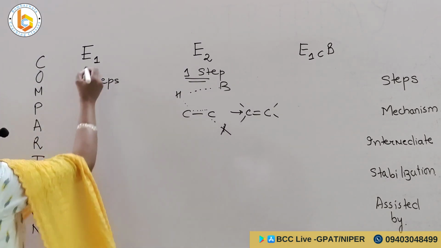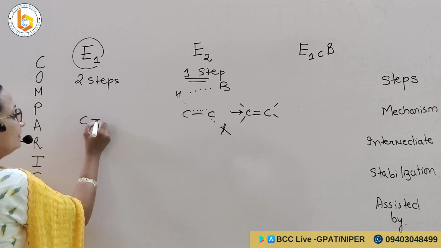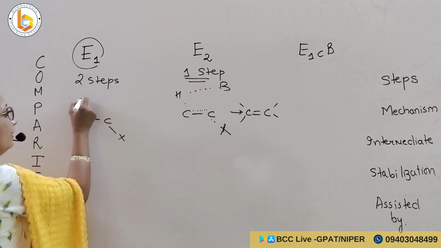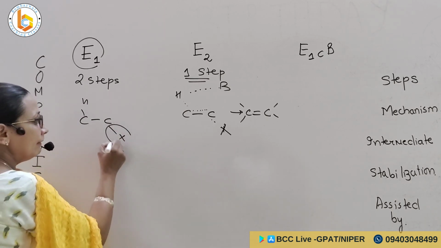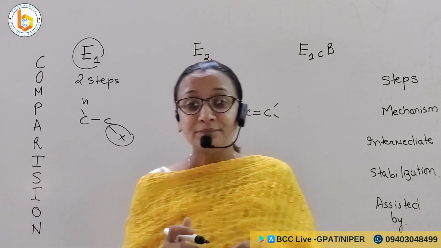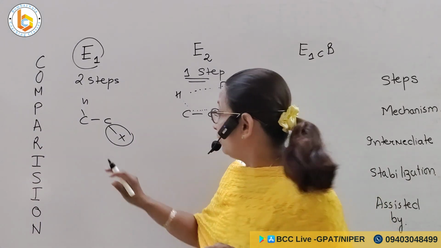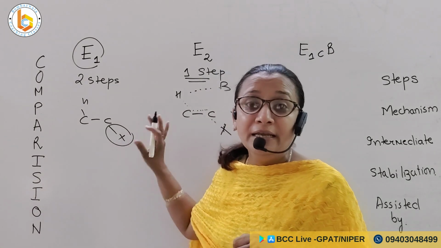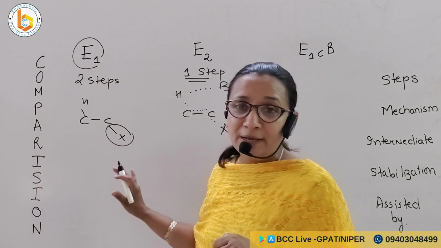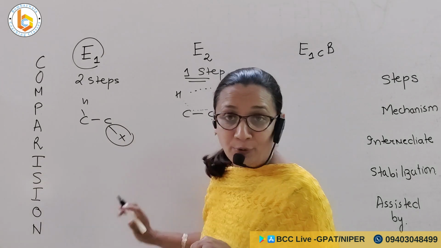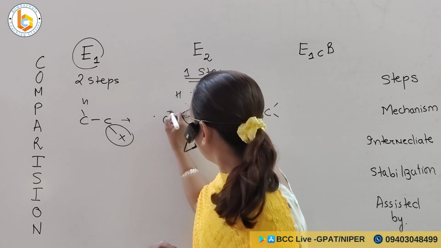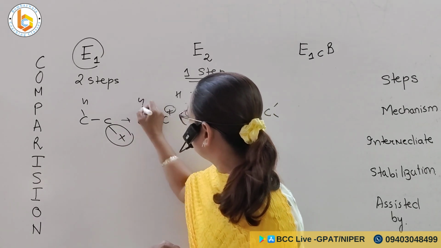When I say E1, this is my alkyl halide, and here the halogen leaves the system. We say that we require a very good leaving group. In the first step, there is breaking of the C-X bond, and we get, for example, a carbocation.